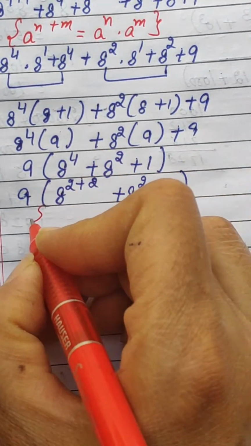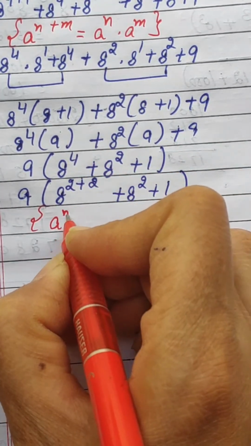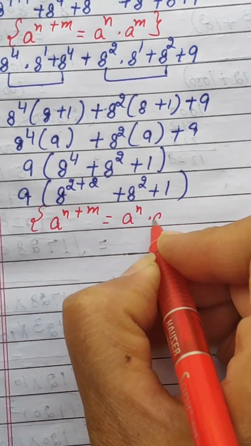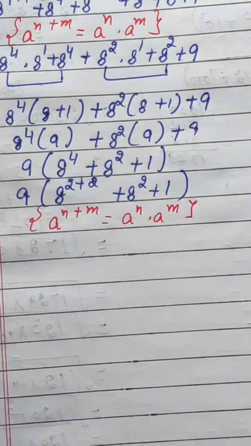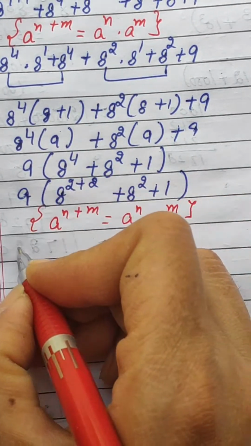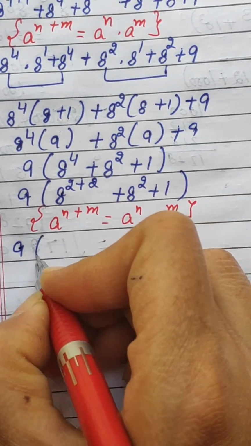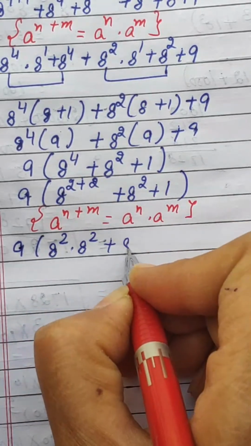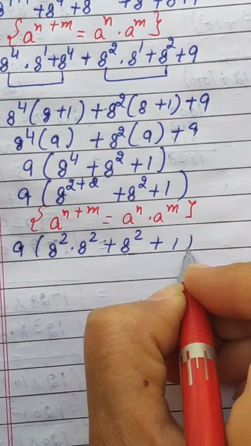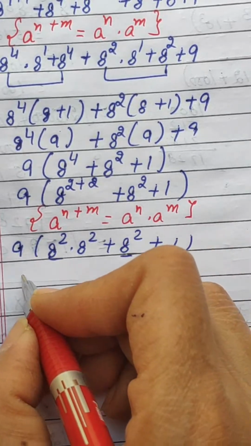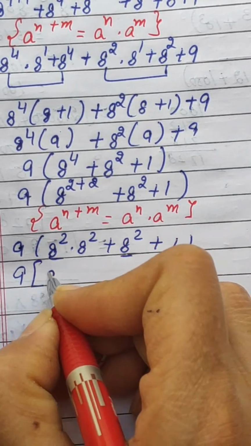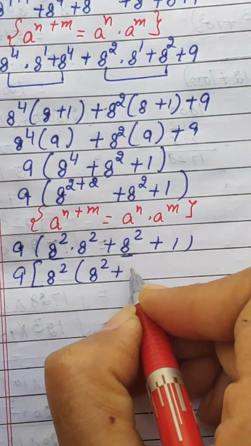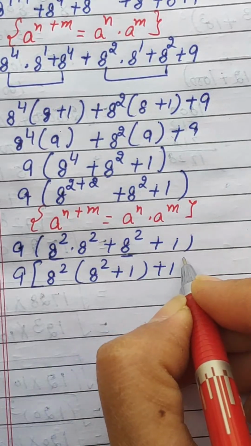So here we are using a raised to the power n plus m is equal to a raised to the power n into a raised to the power m, right? So 9 times 8 squared into 8 squared plus 8 squared plus 1. So here 8 squared is common. So I take it, so here 8 squared plus 1 and plus 1.